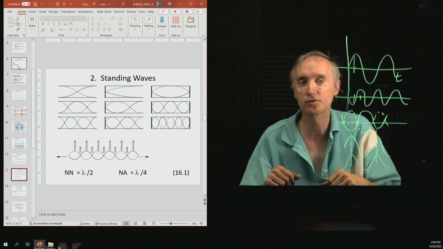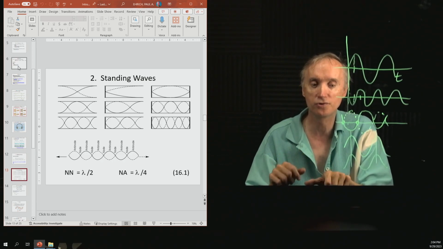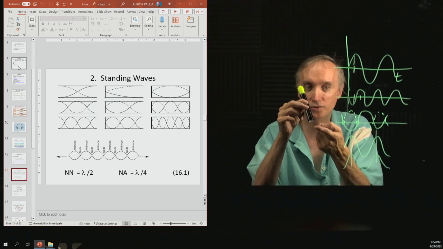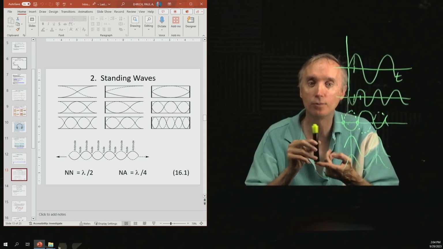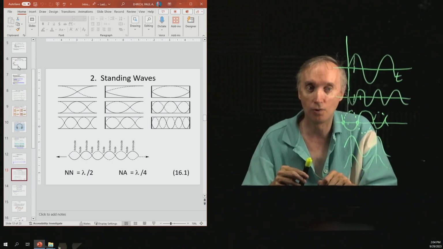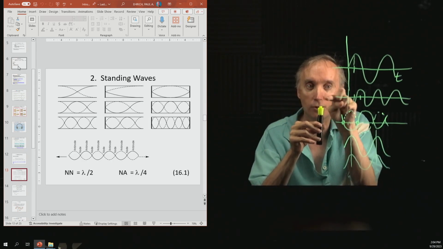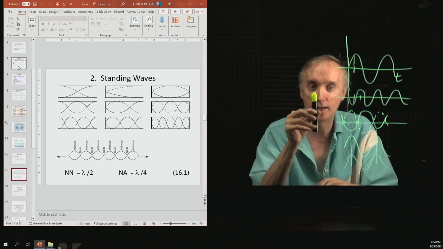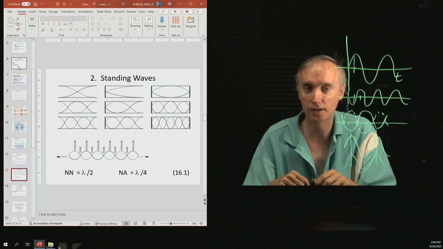But you could also have a straw. You could close off one end of the straw and blow across the open end, and that would be the middle picture. Or you could leave your finger off the end of the straw and blow across the top of it. That's the pictures over there on the left-hand side.